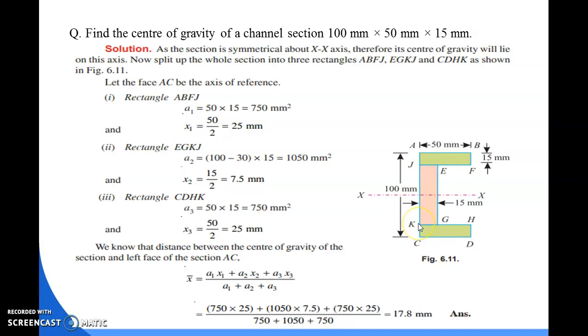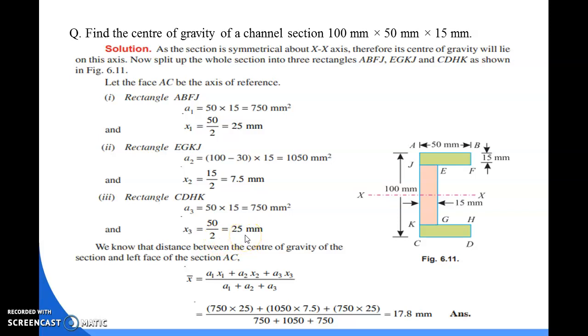So that's why 100 minus 30, which is 70 mm, into D value is 15. And the answer will be 1050 mm square. And the center of gravity of this web section is equal to 15 by 2, which is equal to 7.5 mm. Similarly, for the bottom flange, the area will be 50 into 15, that is 750 mm square, and the center of gravity of the bottom flange is equal to 50 by 2, that is 25 mm.